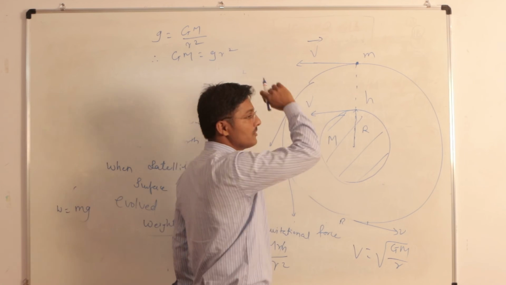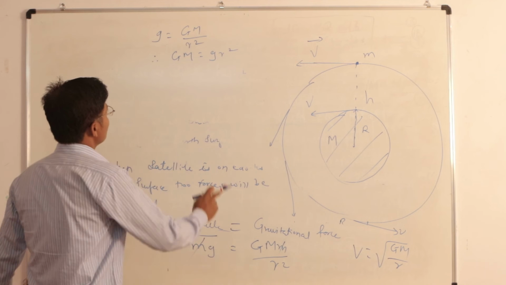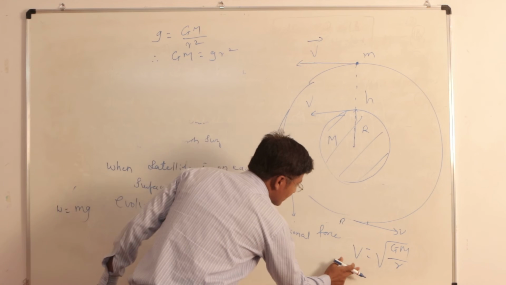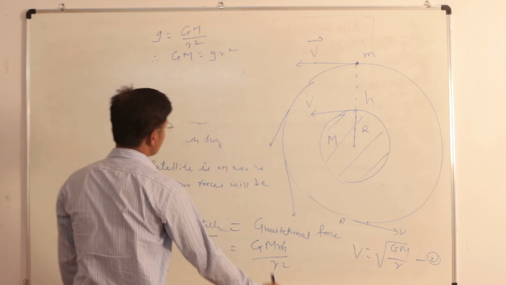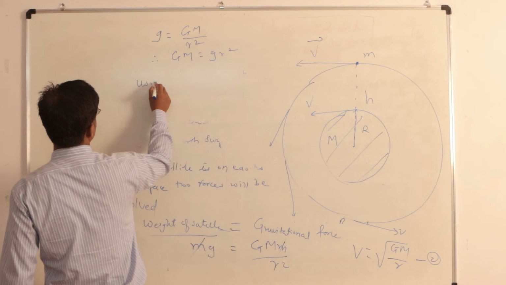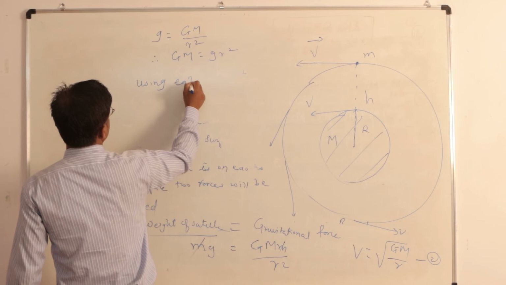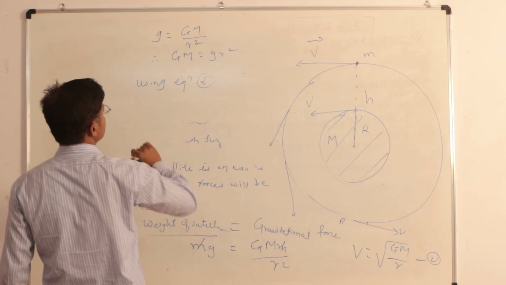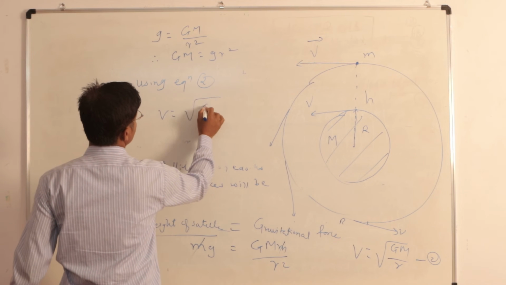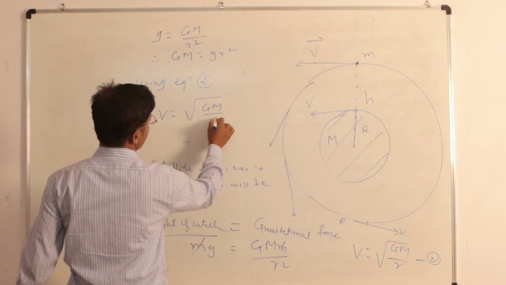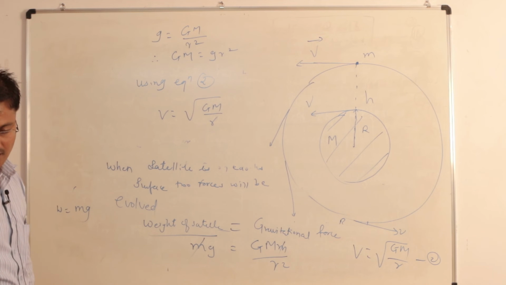That we have to also take into account. So for this purpose we will use equation. आपण याला इक्वेशन 2 म्हटलं होतं. Using equation 2, so what is our equation 2? Velocity equal to root of GM upon small r.